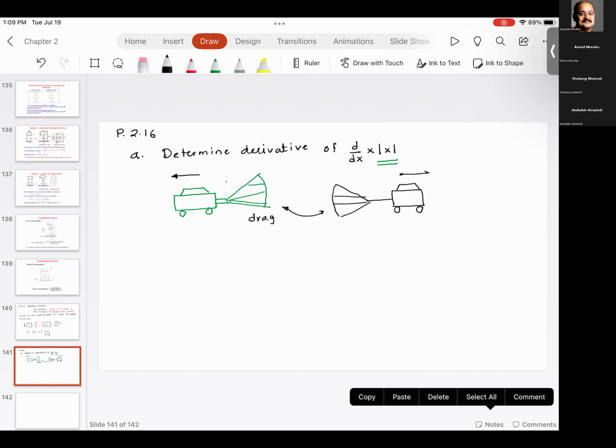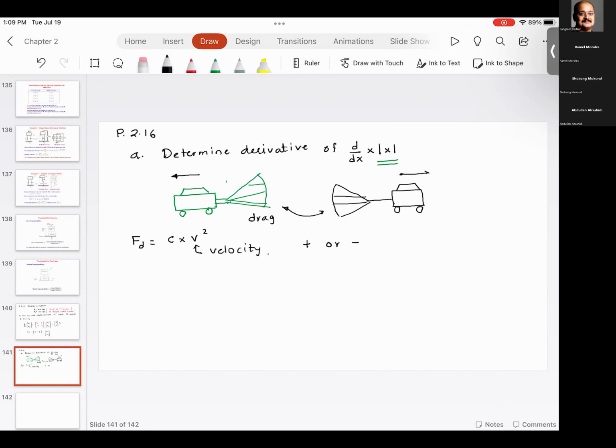Now typically, if you have a drag force, you would see the drag force equation Fd is given as a constant c multiplied by v square, where v is the velocity. The problem here is, no matter whether your velocity is positive or negative, your drag force is always going to be positive.